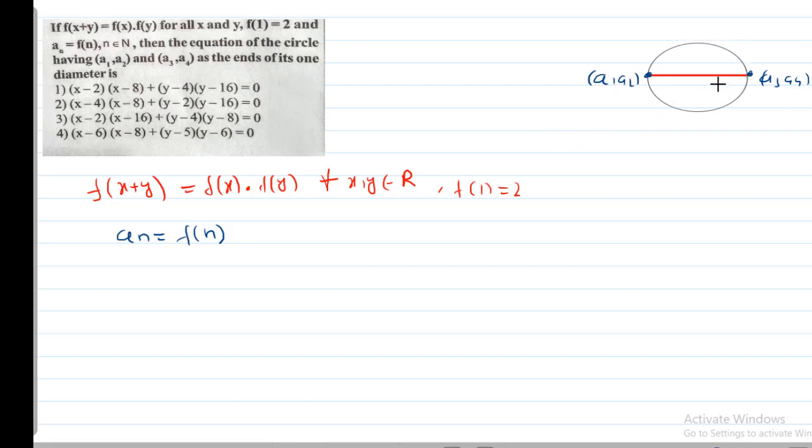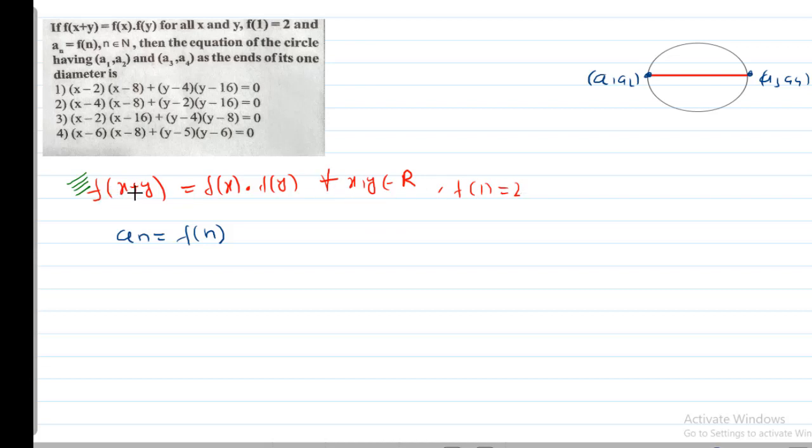We want their numerical values; if you know their numerical values, you can find the equation of the circle. So the important thing is, by using this functional equation, we want to create a function. I want to use the shortcut or observation method to find the required function.